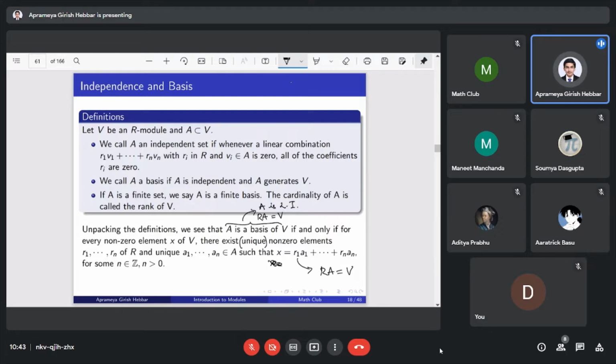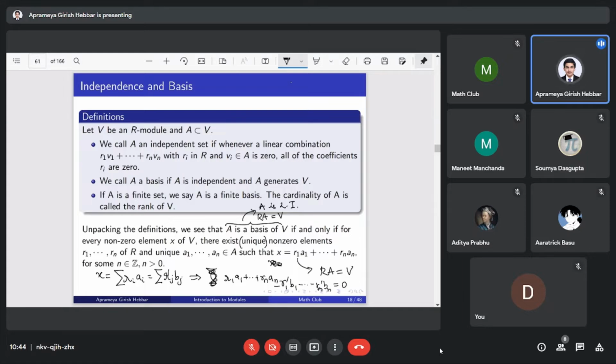And why should it be unique? Because if you write x in two ways, as the sum of ri ai as well as the sum of rj' bj, then you would have a relation r1 a1 plus up to rn an, and then you can subtract r1' b1 up to rn' bn, and this would be 0.